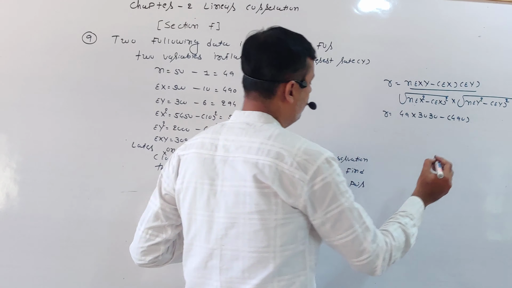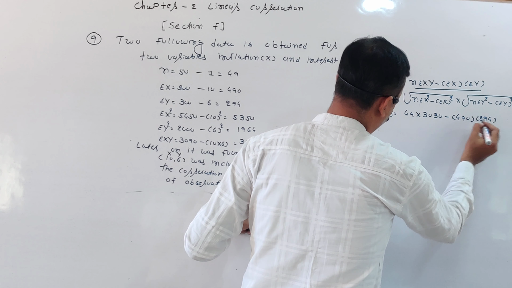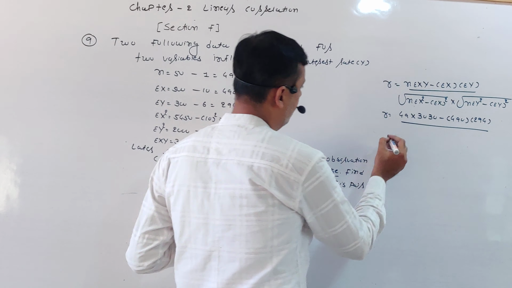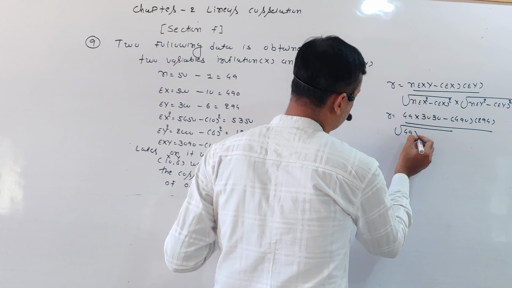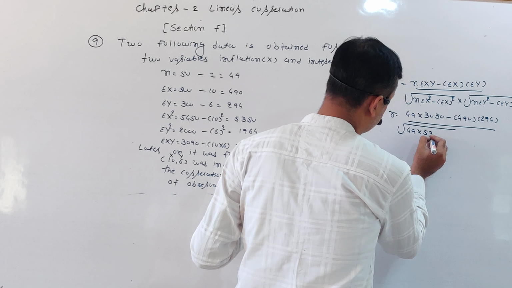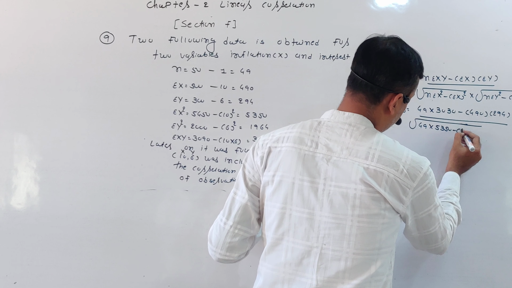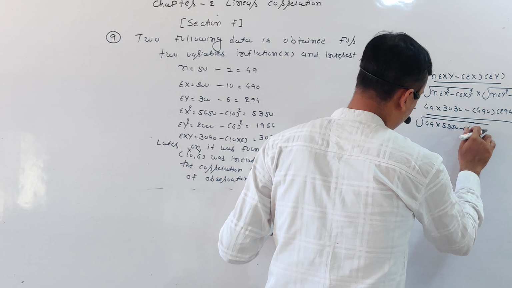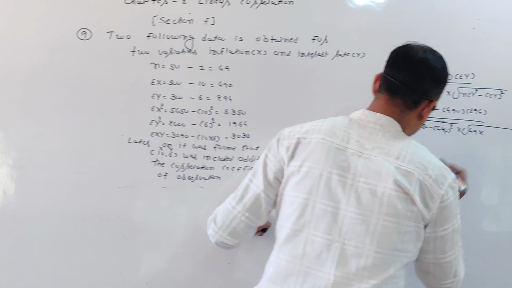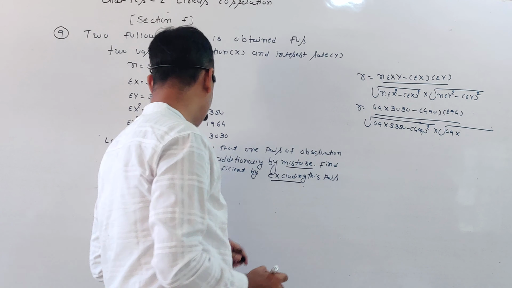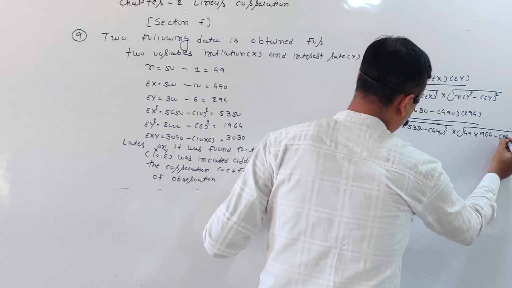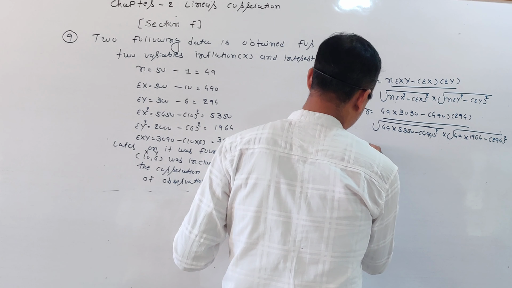Sigma y is 294. n is 49, sigma x square is 5350, sigma x 490 whole square. n is 49, sigma y square is 1964, sigma y 294 whole square.